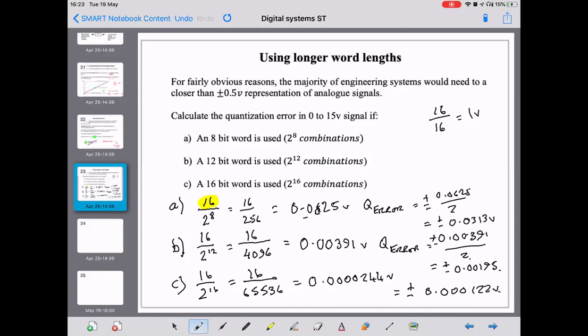However, there's a trade-off in the amount of memory it needs to hold those extra bits. 16, you could go up to 32 and you'd increase even more. Also, there's the cost of the processing of the extra bits. There comes a time when adding the extra is not worth anything because you don't need it any more accurate than that. So 12-bit, 16-bit at the highest level is what I've come across. I've not heard of any converters that use more than 16 bits, though there might be some out there.